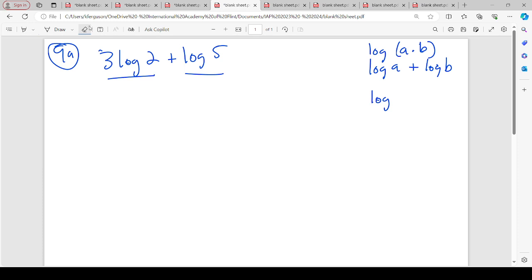Use A's and B's. So I got A times log of B. That is the same as log of B to the A power. So what am I going to do? I'm going to change these 2 things and make them 1. So I'm going to say that's log of 2 to the 3rd power times 5.